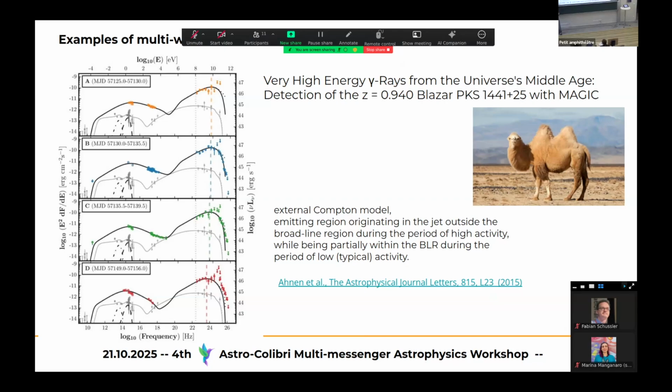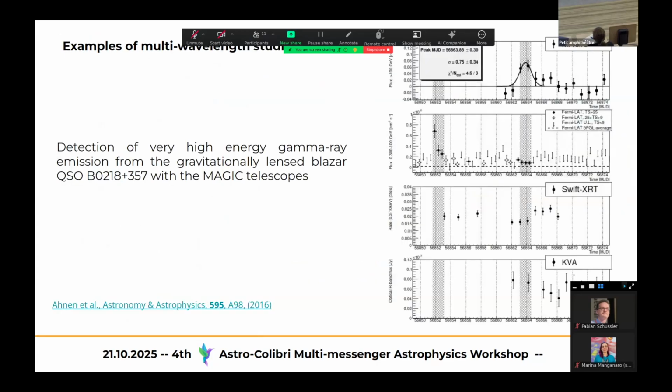When the high energy bump is higher than the synchrotron bump, this is a message that this source has some process that accelerates to very high energy gamma rays in a peculiar way. Also here we have a model. Is this definitive? We don't know because we never observed this source anymore. So when these flares are gone and you don't have them anymore, it's difficult to really understand the emission mechanism.